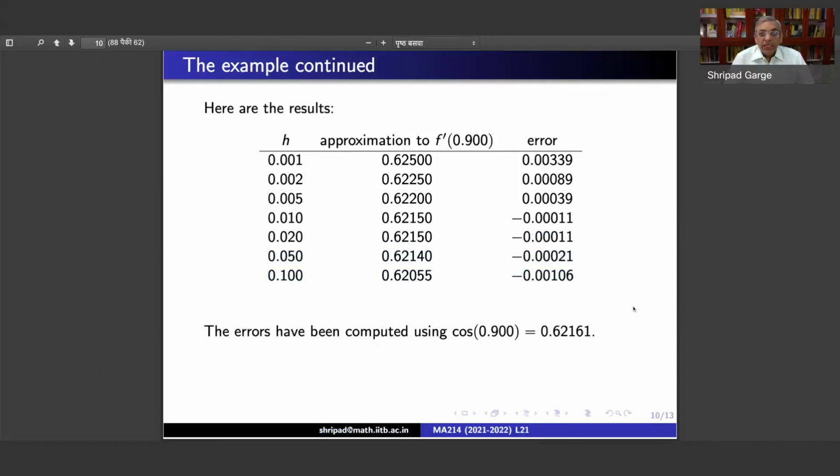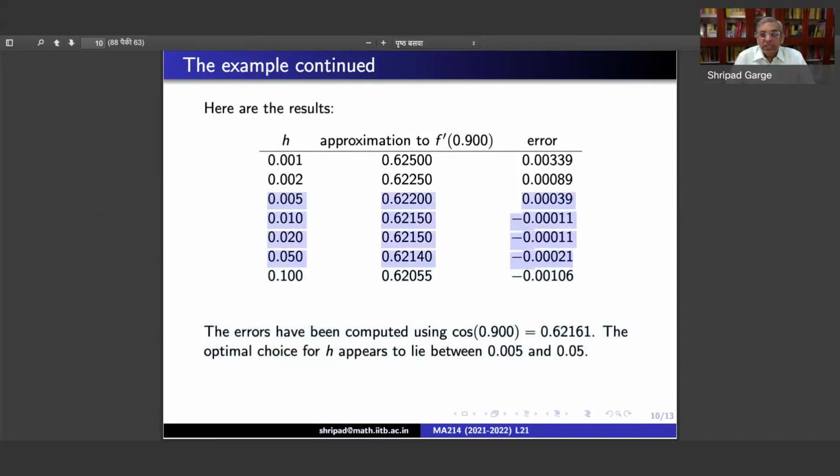So the errors are, of course, for error we have to know the actual value, and the actual value is this cos of 0.9, which is 0.62161, and the optimal choice seems to appear between these two values. So these are really our optimal values. Right. Really it is between 0.01 and 0.02, but otherwise optimal values are between 0.005 and 0.05.